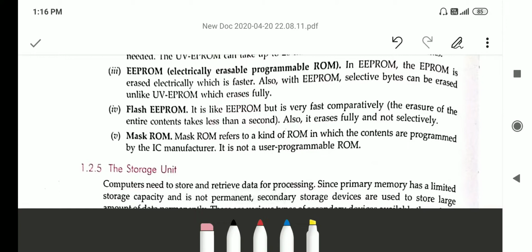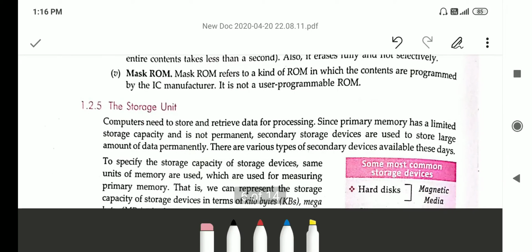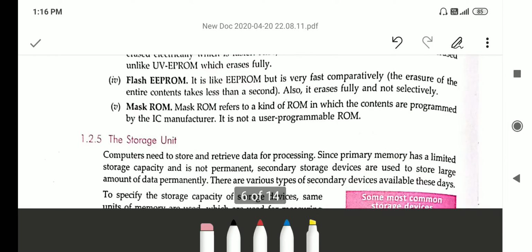EEPROM, electrically erasable programmable read-only memory, is erased electrically, which is faster, whereas the earlier type is erased by ultraviolet radiation. Flash EEPROM, we use this as a pen drive. And mask ROM refers to a kind of ROM whose contents are programmed by the IC manufacturer. IC is the integrated circuit; those who make integrated circuits will program mask ROM.